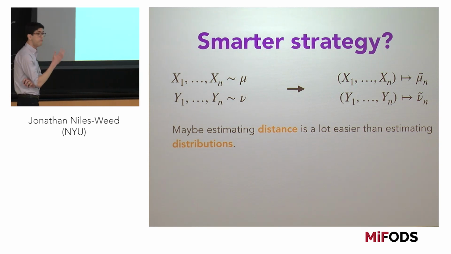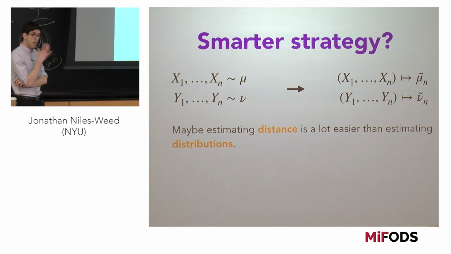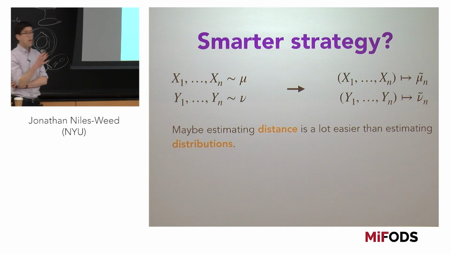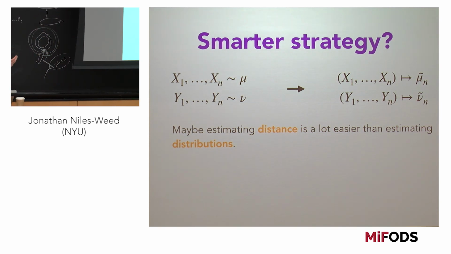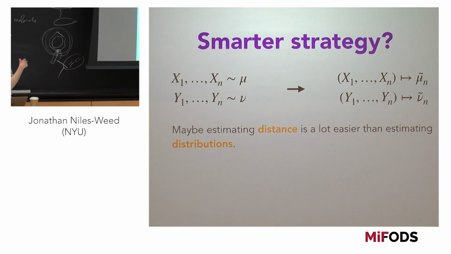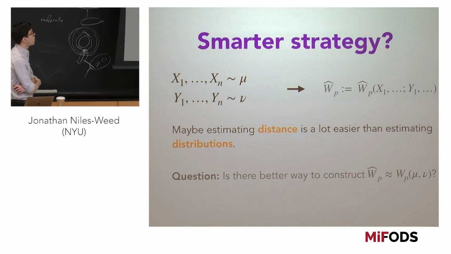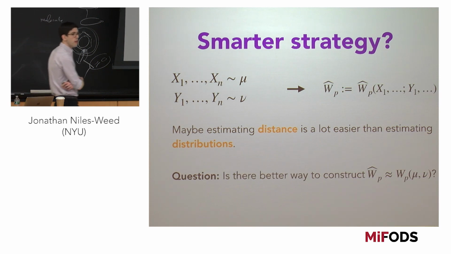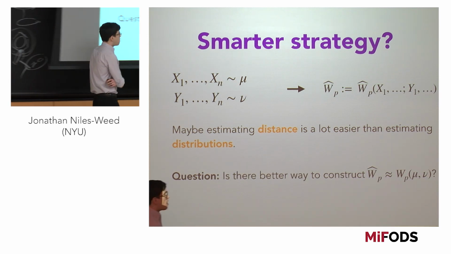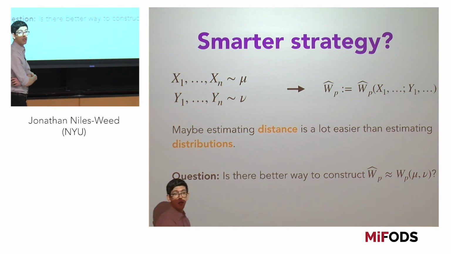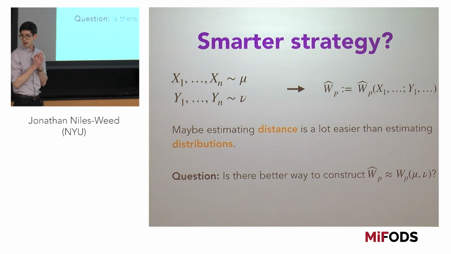And the whole field of sublinear algorithms, especially in the computer science community, knows facts like this for different notions of distance between probability distributions. So this is not an unknown phenomenon for other types of measures like TV or chi-square divergence or KL or something like that. So a priori, it's possible that I can do something smarter with all of my samples that serves as a better estimate for the underlying distance, even if I can't estimate the distributions themselves.